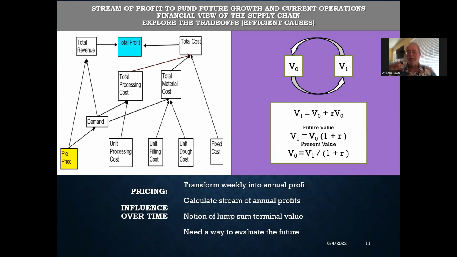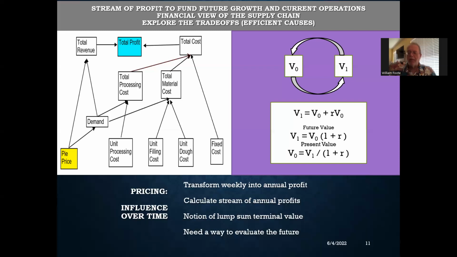V0 is, well, 0 is today, 1 is tomorrow. This could be T and T plus 1. Year 2022, year 2023. This is all we need, just to get our bearings here and look at the navigational beacons, and somehow we're going to steer our way through them.